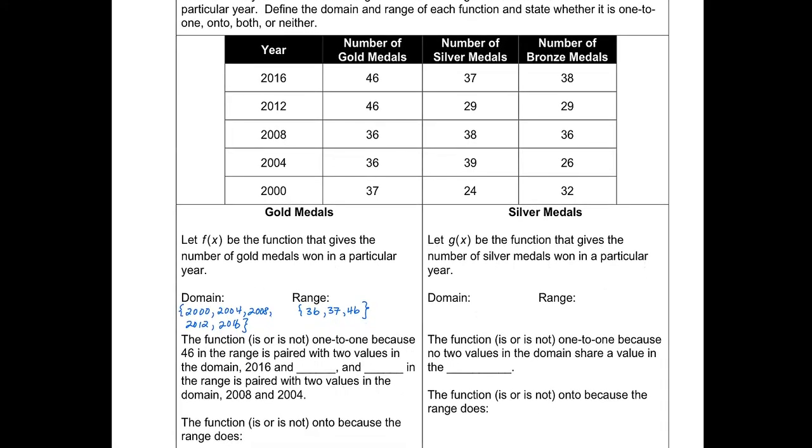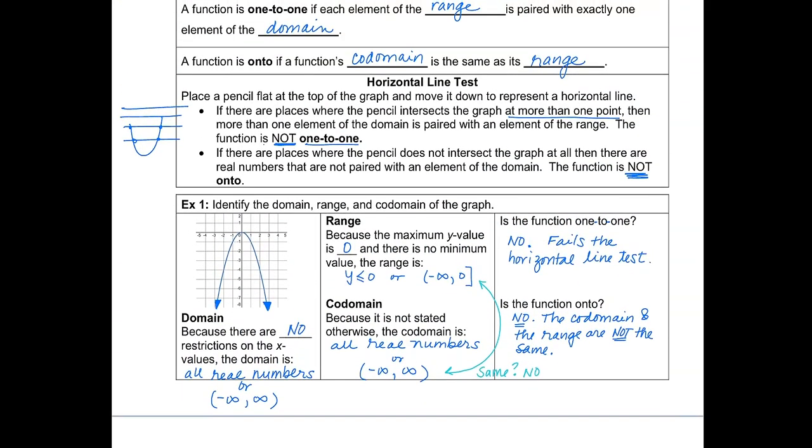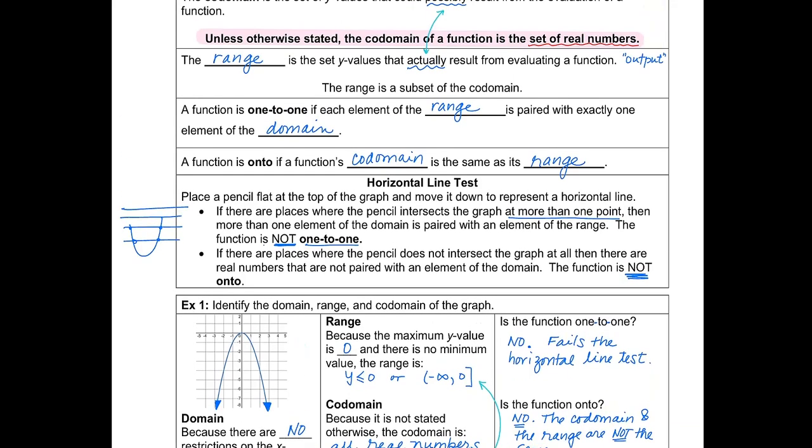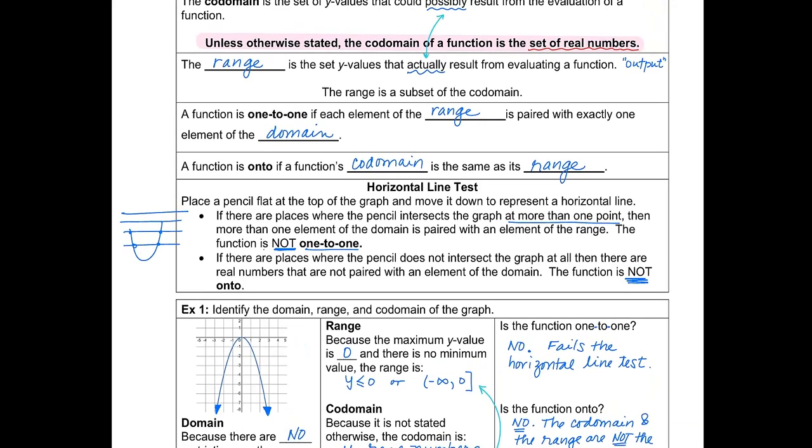Zoom out here a little bit. It says the function is or is not one-to-one because 46 in the range is paired with exactly 2 values in the domain. Okay, now hang on a second. If we're looking for one-to-one, if you remember correctly, one-to-one up here, it says that every element of the range is paired with exactly 1 element of the domain.